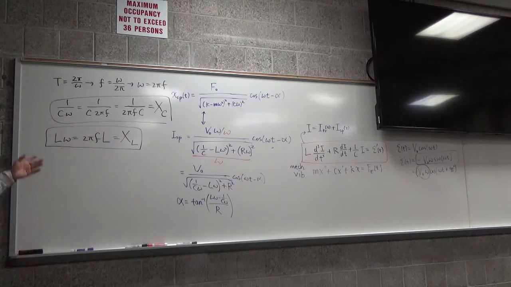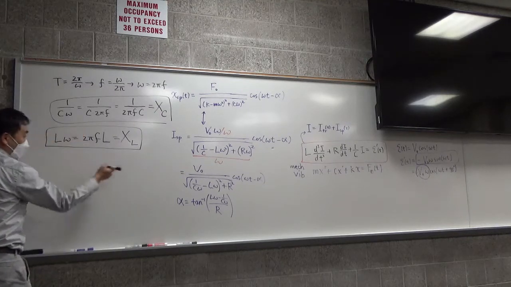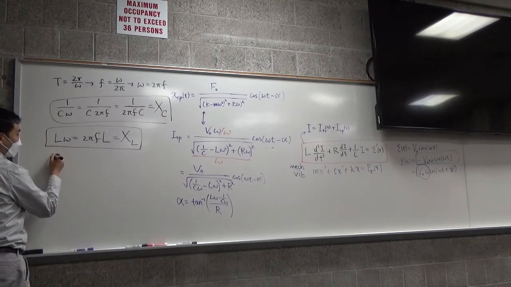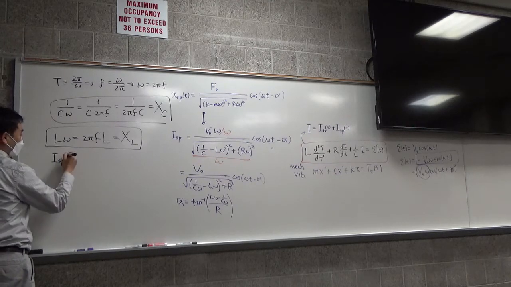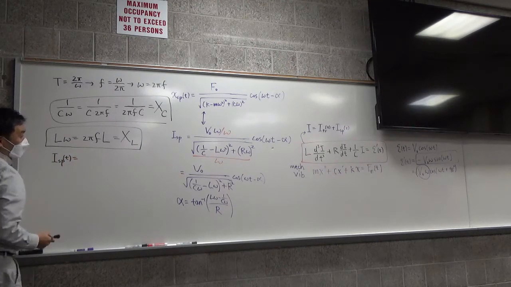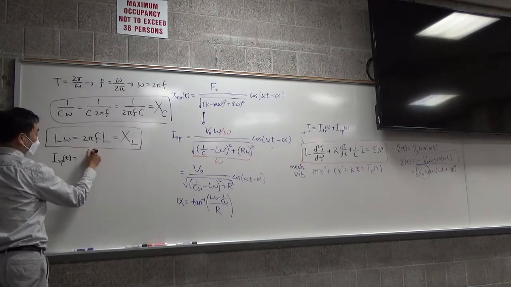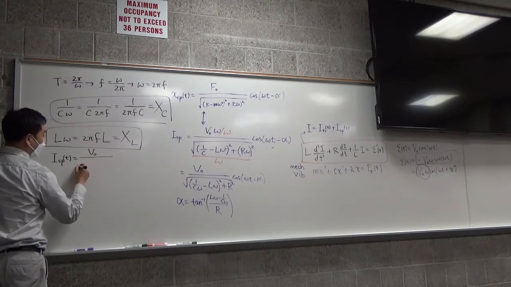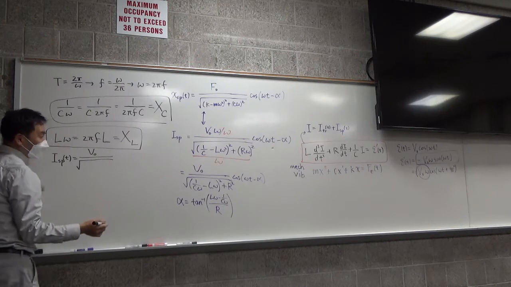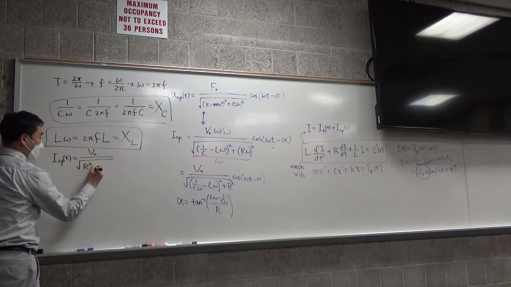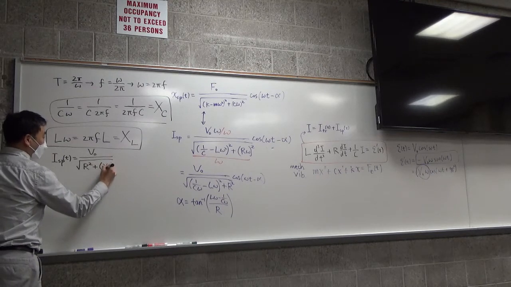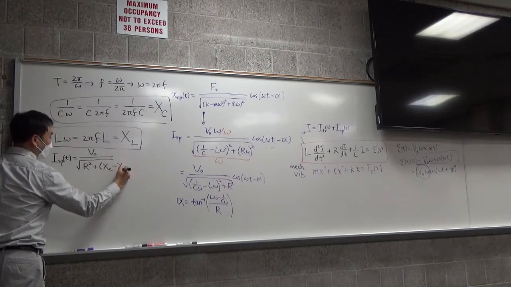And then using these you can rewrite the thing that we have here as the steady periodic solution. The current steady periodic solution will be V0 over square root of, and usually people write R squared first, so I'm going to write R squared first, plus XC minus XL.